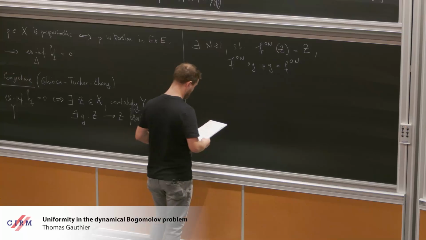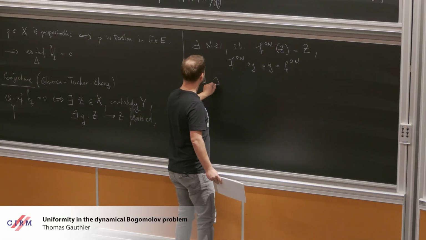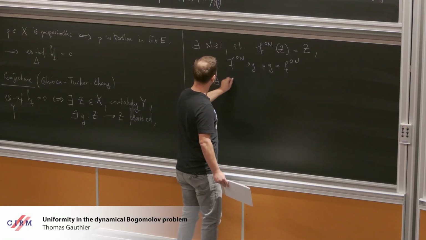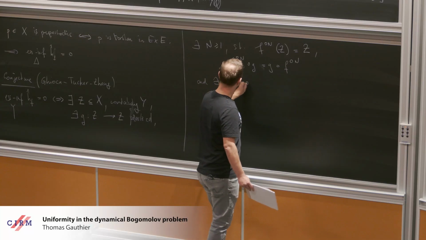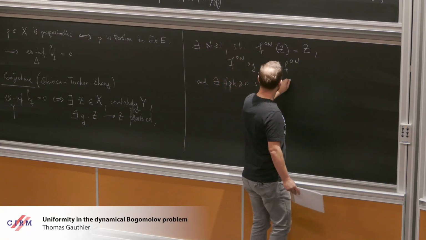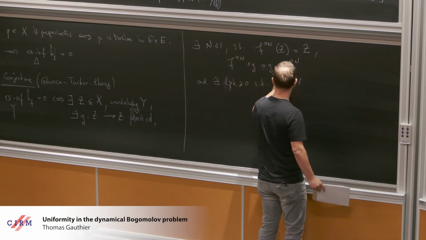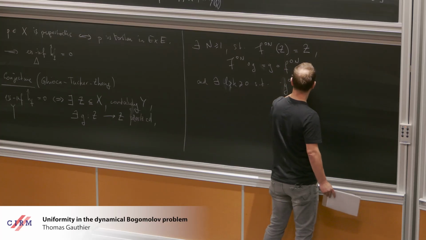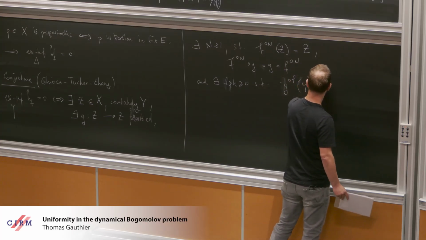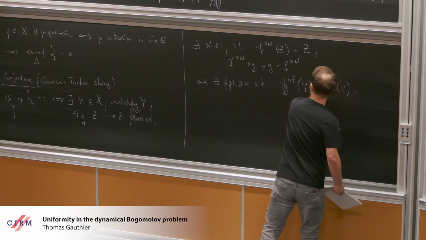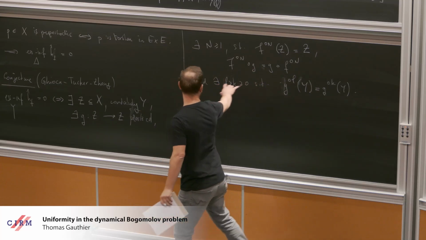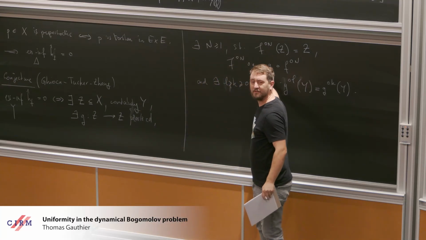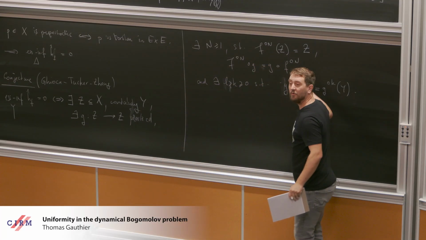And there exists l in k such that G to the l of Y is G to the k of Y. So you have another map which is really related by this relation to F, for which you have the wanted conclusion.